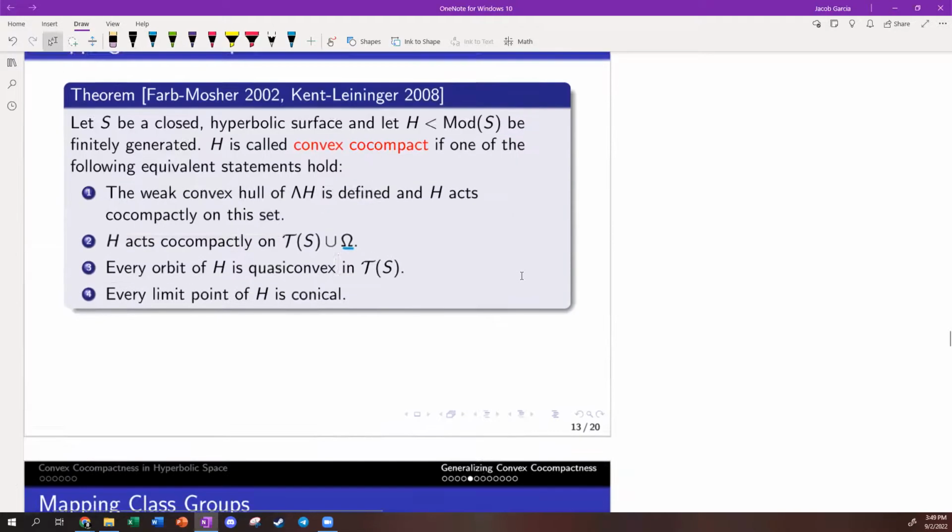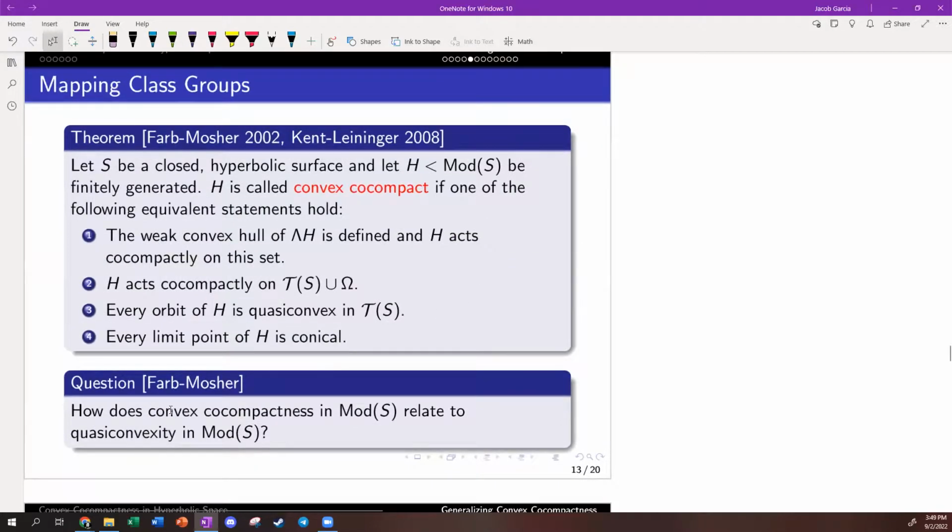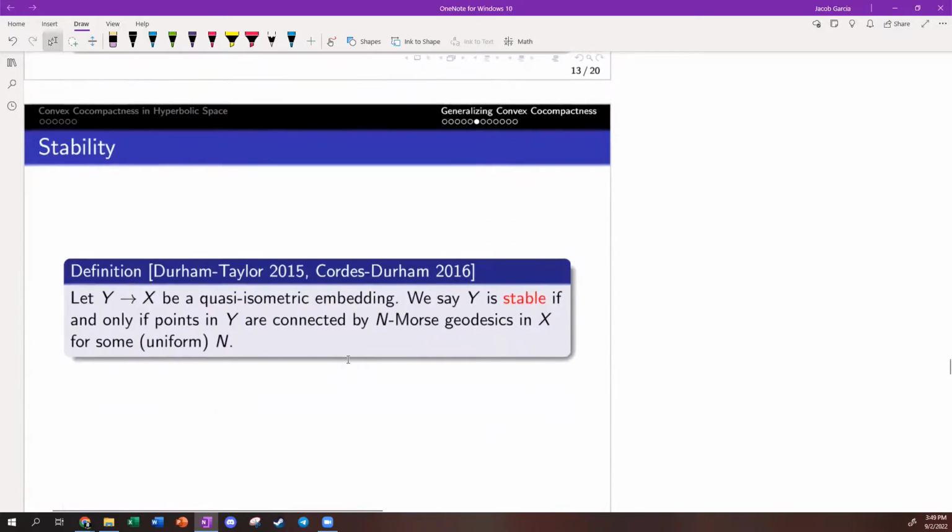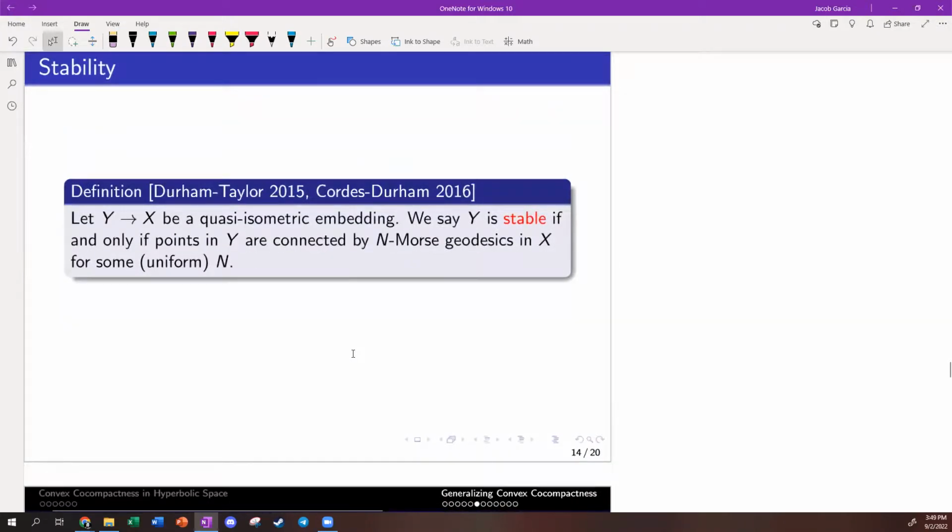So Farb-Mosher in 2002 asked the question, how does their version of convex co-compactness relate to quasi-convexity in the mapping class group? They have a statement about quasi-convexity in Teichmüller space, but they were wondering how it relates to quasi-convexity when you take the orbit inside of the group instead of the orbit in some space that the group acts on. This was answered by Durham and Taylor, and later Cordes and Durham, in 2015 and 2016 respectively.